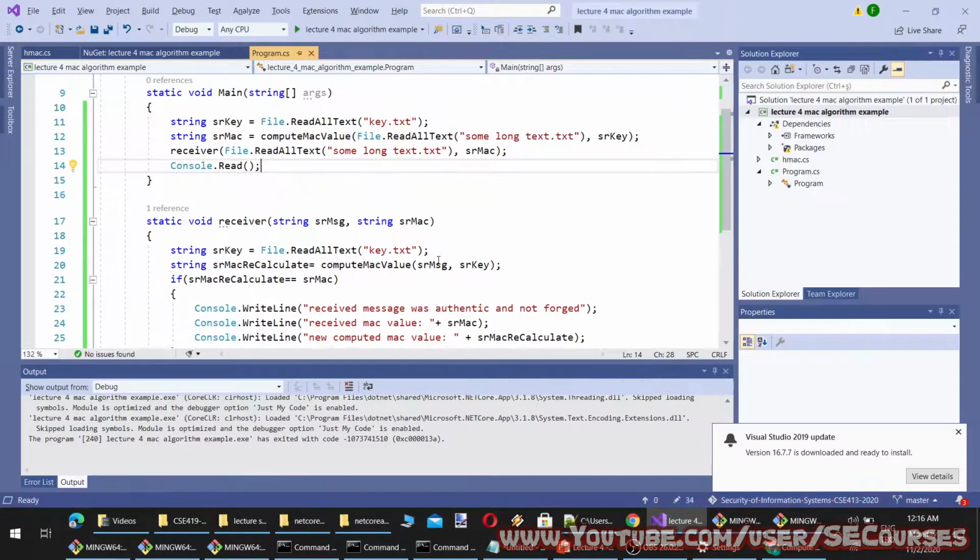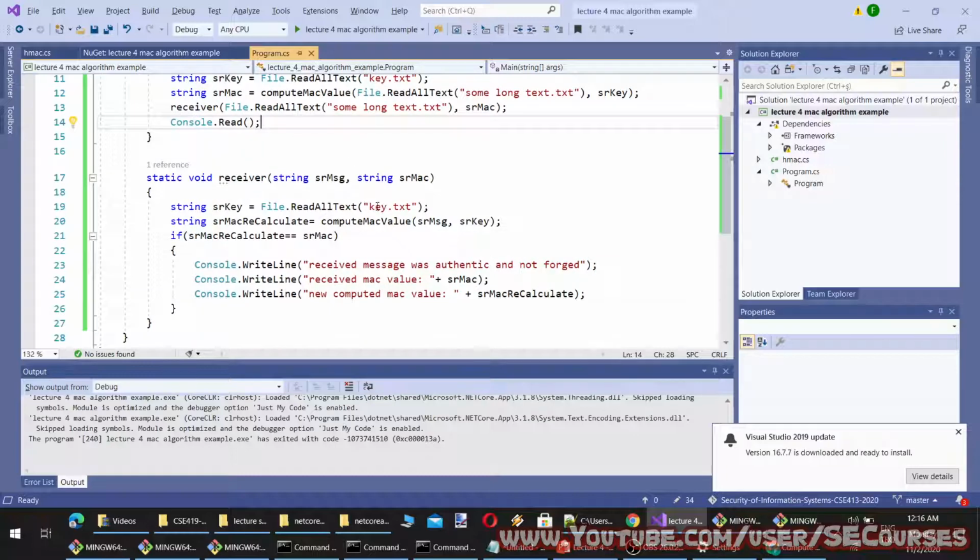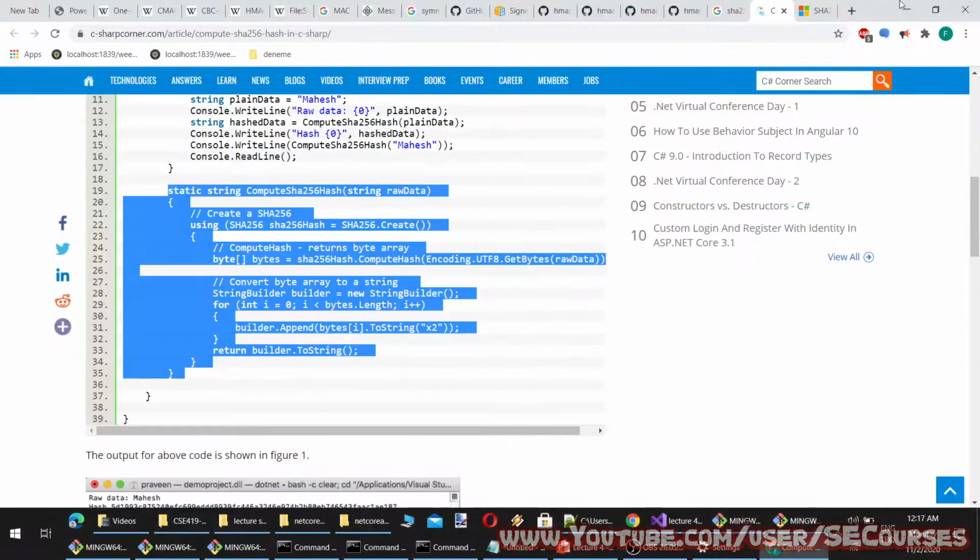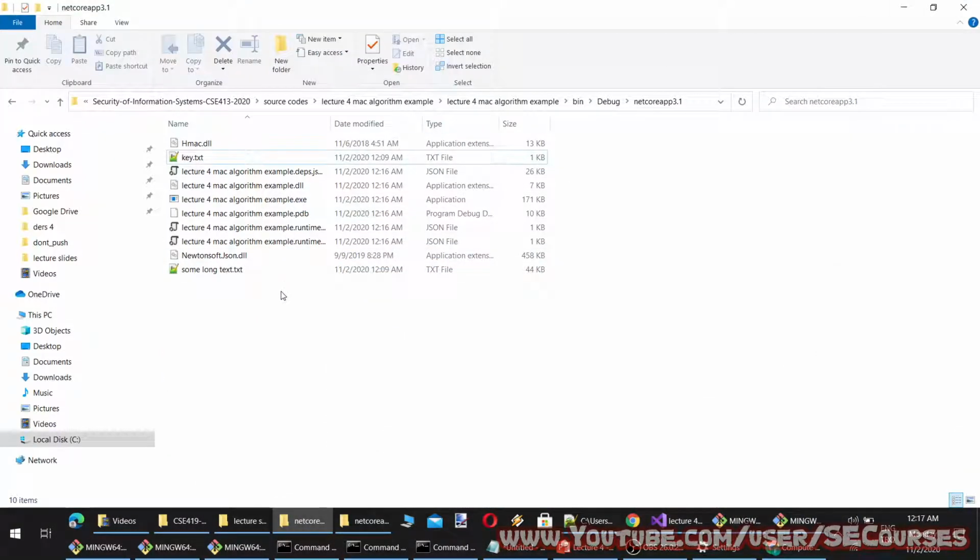For this to work, somehow both sender and receiver have to have the same key. Even if I change a letter, this wouldn't work.